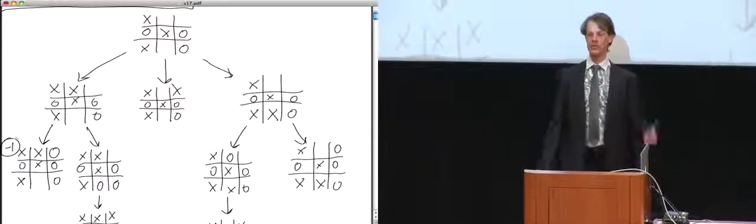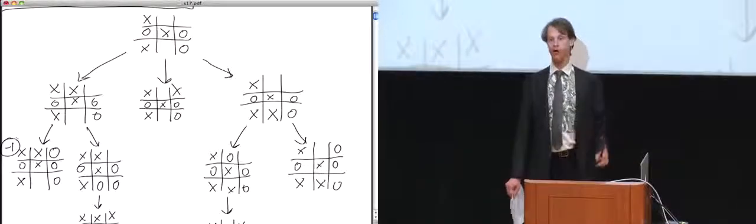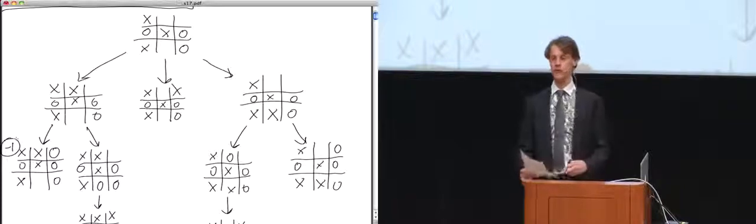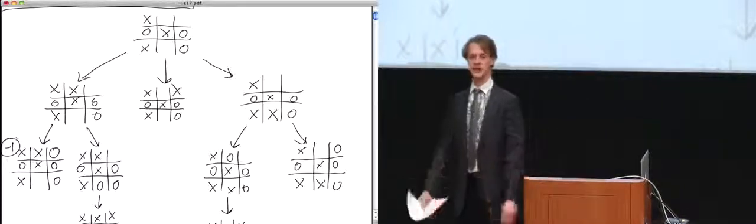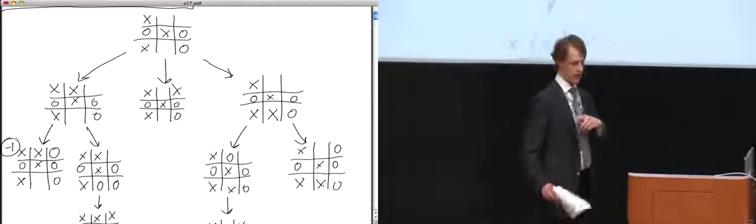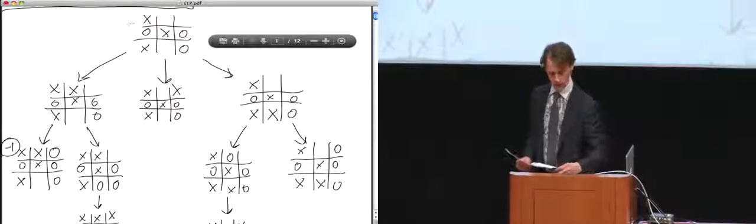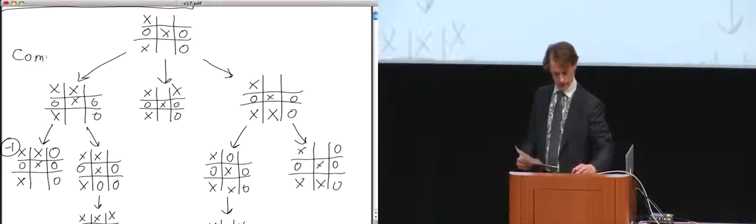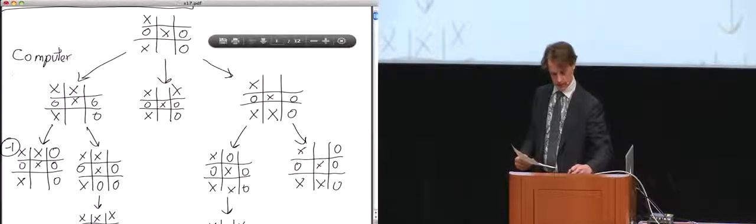To figure out the scores of nodes higher up in the tree, you need to know whose move it is, because every level is going to be a min level or a max level, depending on whose turn it is. So at the top level, when you go from the root grid to the children, these are all computer moves.